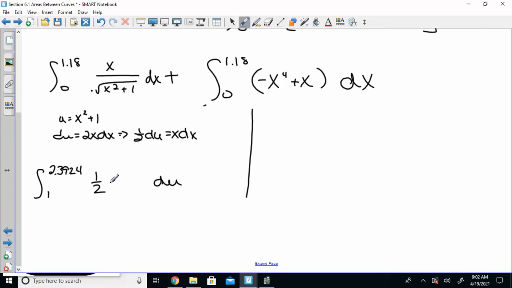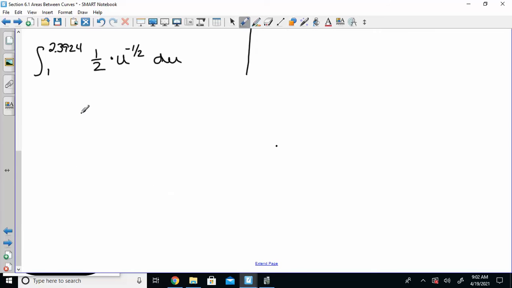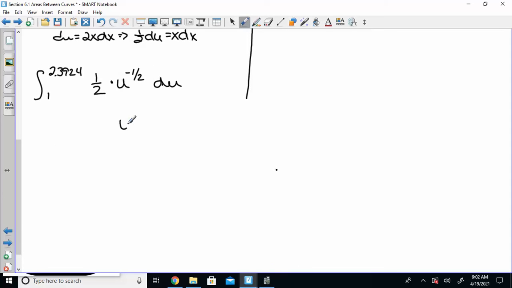This would be 1 over the square root of u, or I could write that as u to the negative 1/2. So to integrate that, you add 1 to your power. Reciprocal goes in front, so that would be a 2 times the 1/2 that's already there, so those just disappear.